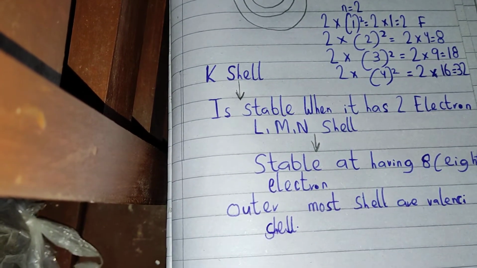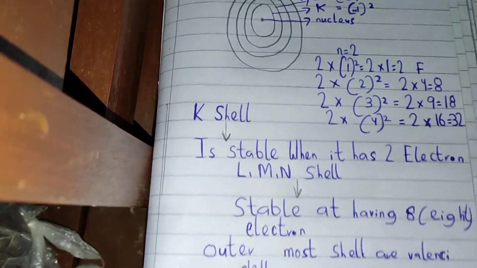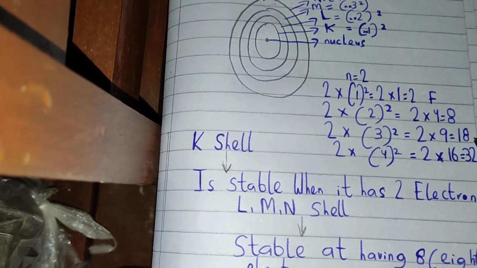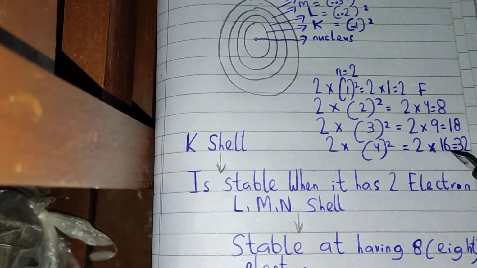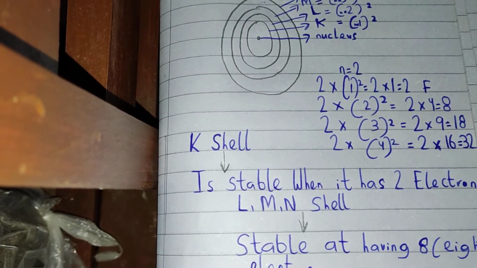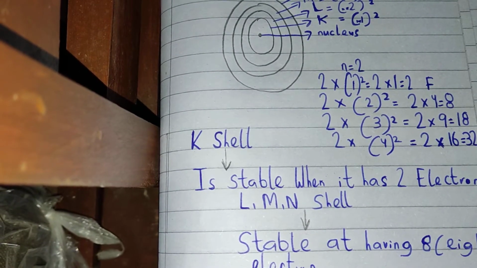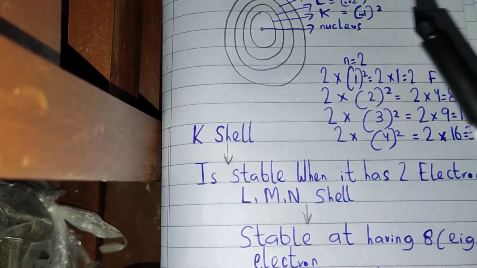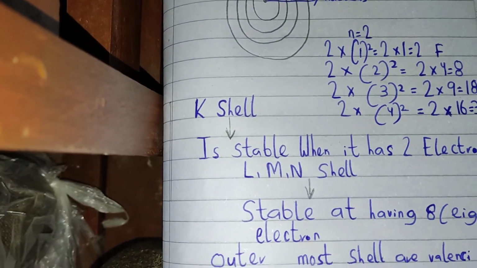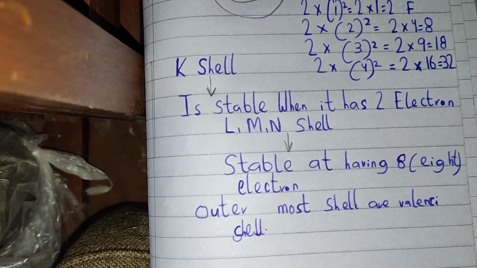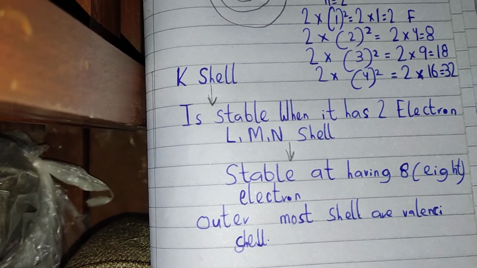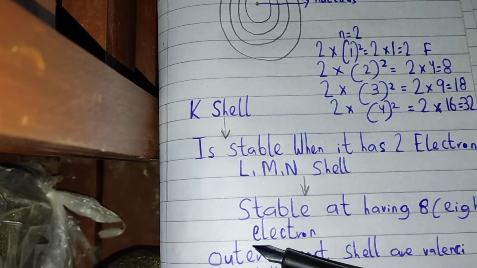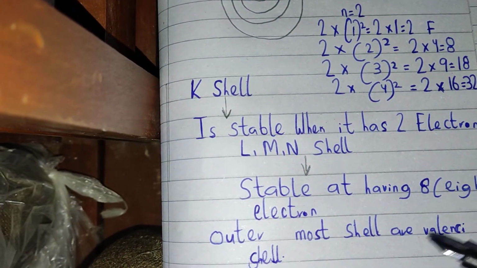Now I will tell you why, in these orbits, the formula gives 18 and 32, but we take 8 in the L, M, N shells. Because these shells are stable at having 8 electrons. I have told you that the outermost shell is the valency shell.